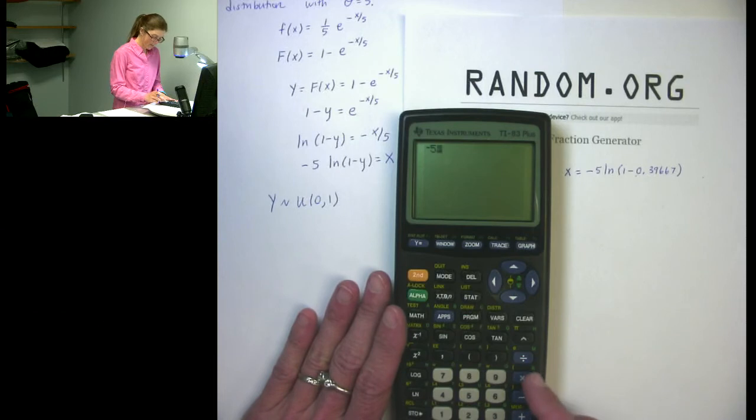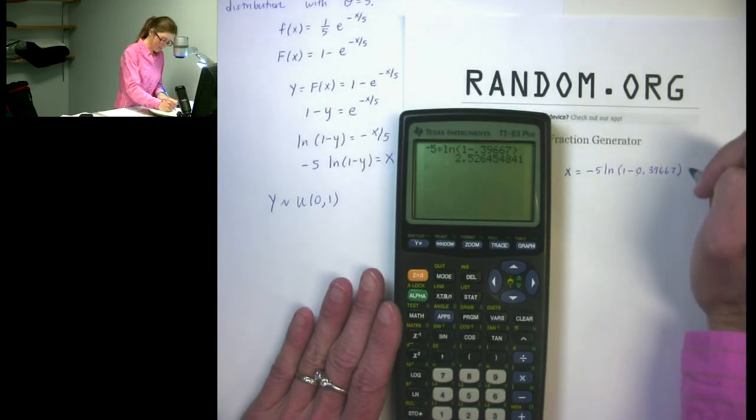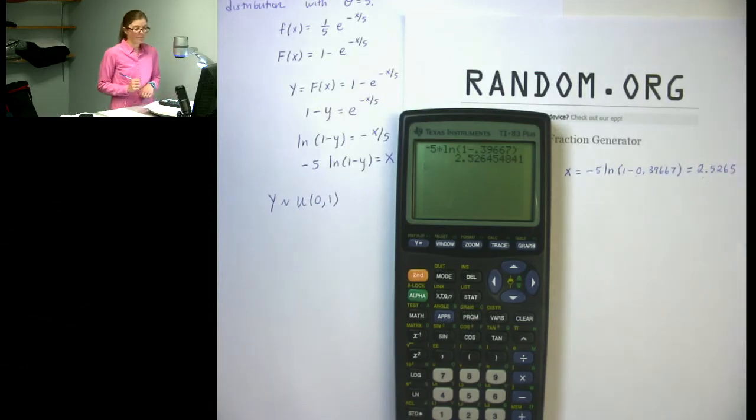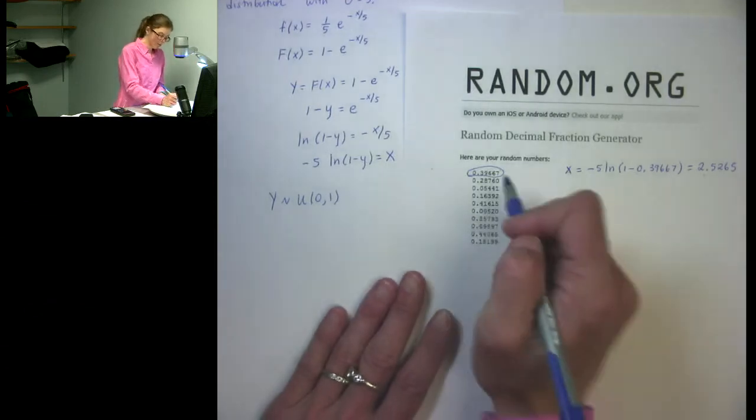Minus 5 times the natural log of 1 minus 0.39667 gives me an observation of 2.5265, I'll round there. And now I want 10 observations, so I'm going to do the whole thing again.